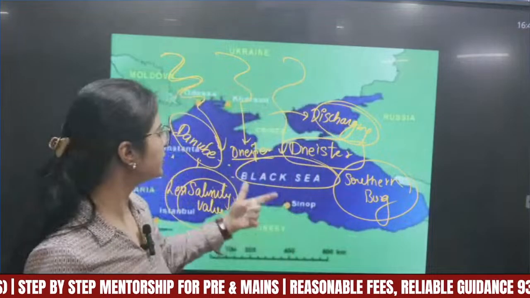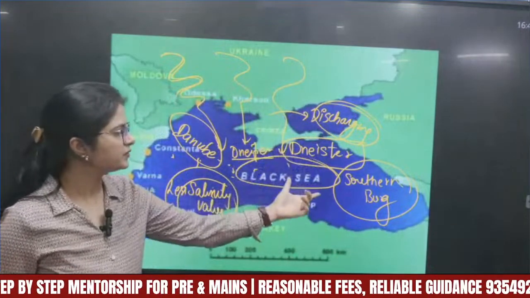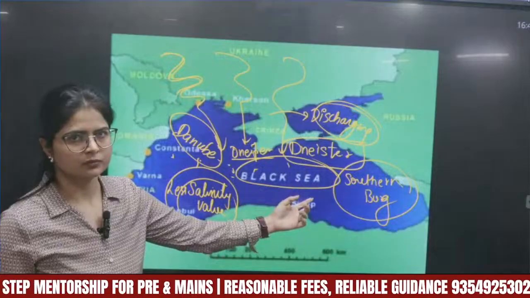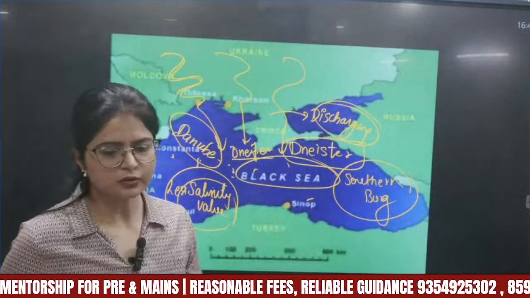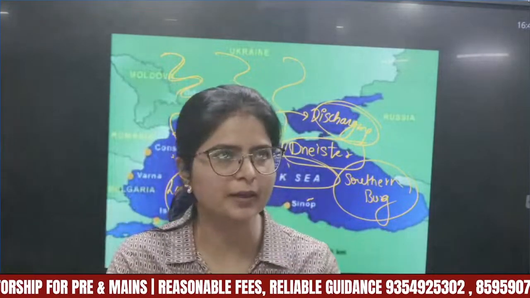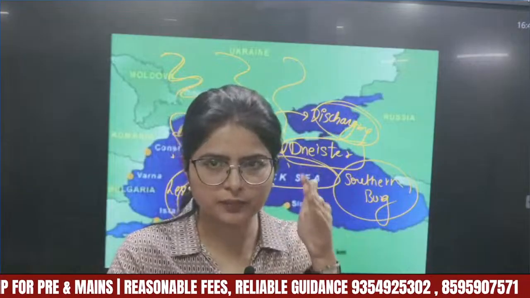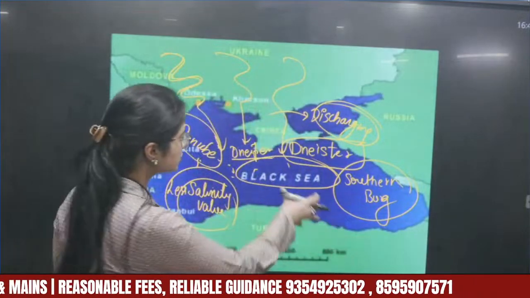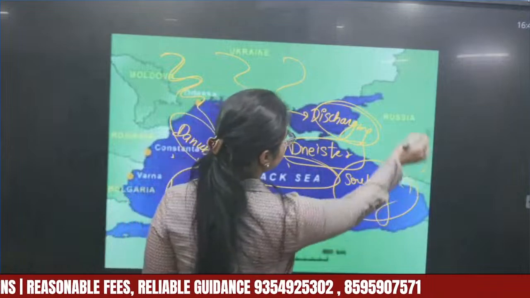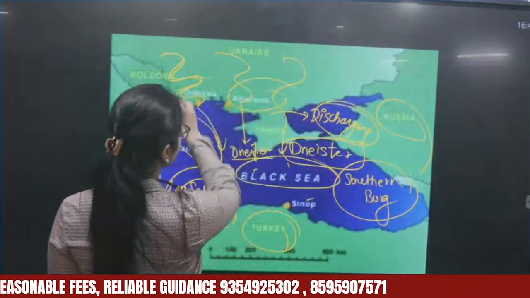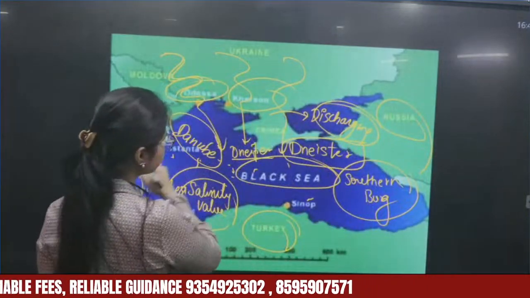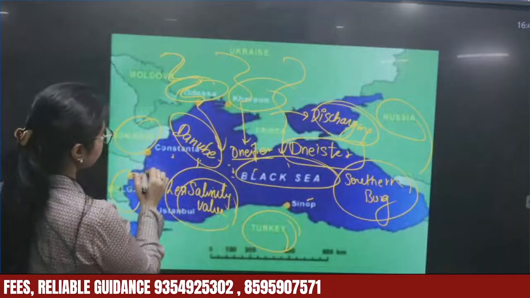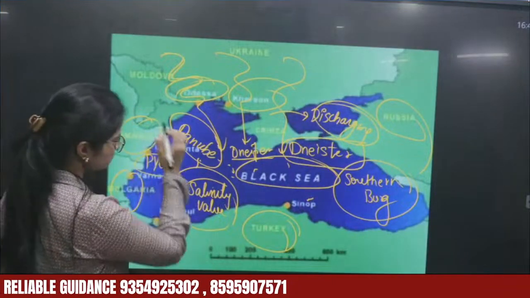Similarly, you have to see the history of other rivers as well. That is what I'm saying. When you're reading geography and you're watching the world maps, do not just stick to only one thing. We have to just see Black Sea, that's it. No. You have to also see which are the countries which are surrounding, bordering Black Sea. This was a P by Q question again of UPSC.